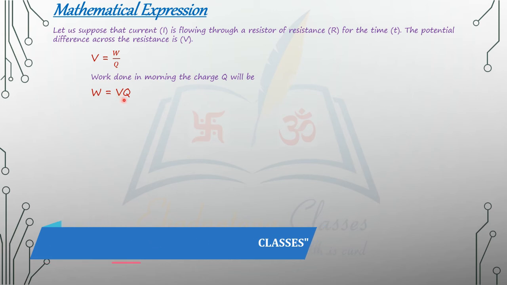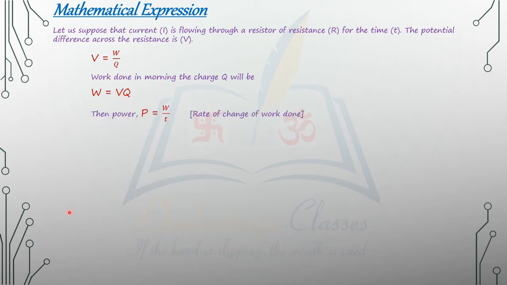W is equal to VQ. Then the power is equal to W by t, the rate of work done, that is work done divided by time. Substituting W equal to VQ, it is divided by t.